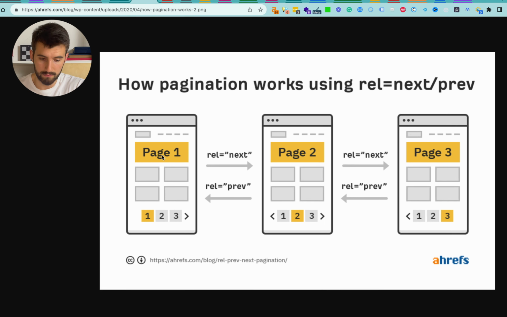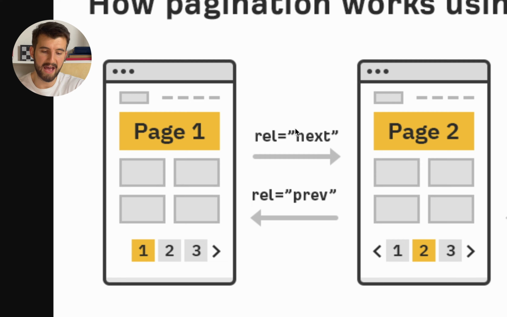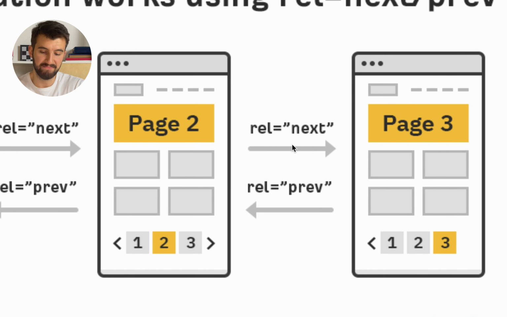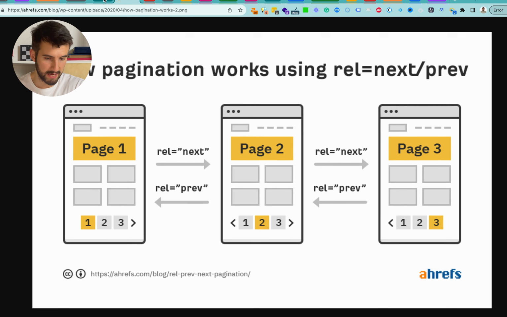As shown in this image, on page number 1, you will have a rel next HTML tag that points to page 2, and then on the second page you will have a rel prev tag that points to page 1, and rel next pointing to page number 3. So it's pretty straightforward how you can use rel prev and rel next tags on each of those paginated pages.